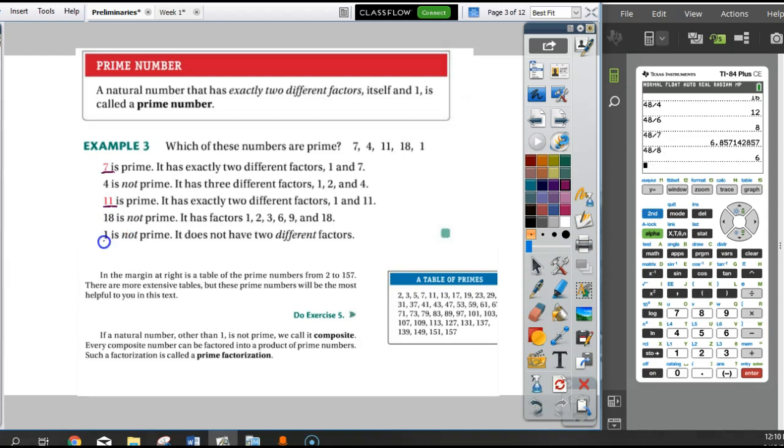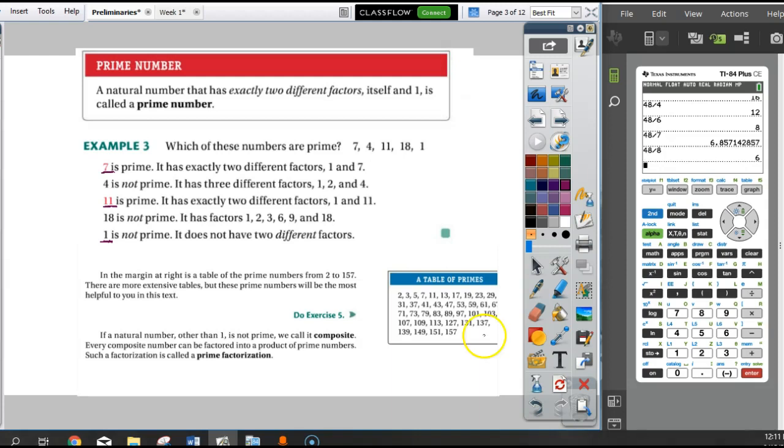And 1 is kind of a weird one. It is not prime because it does not have two different factors. It only has 1, so it's not 1 and itself, because itself is 1.